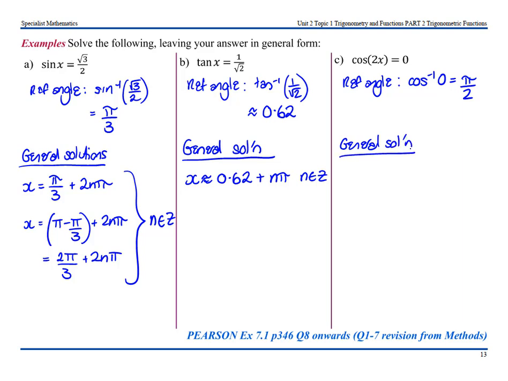So for cos, I would go 2x is going to equal plus or minus my reference angle plus 2n pi. So x has to be equal to plus or minus pi on 4 plus n pi. So I'm just dividing everything by 2, and n is an element of Z.